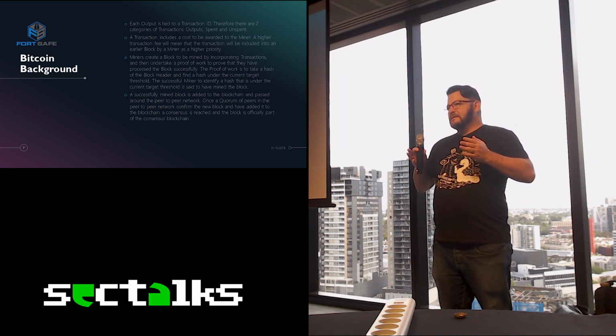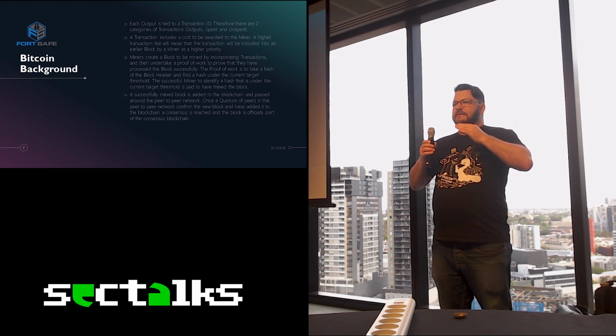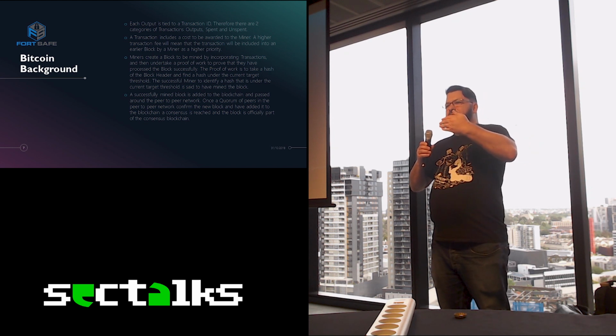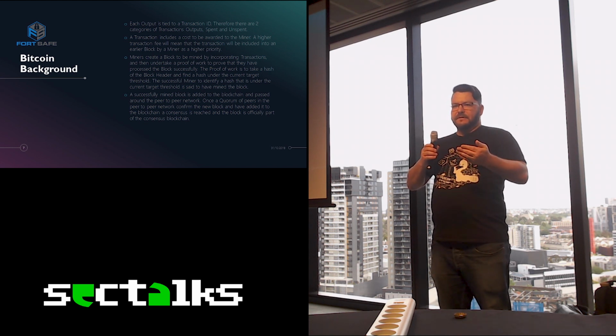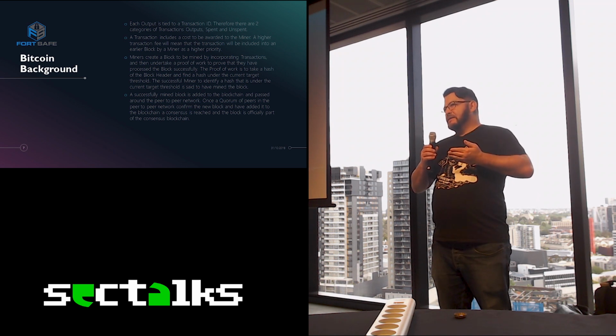Across the pool of miners, the difficulty is scheduled so that every 2 weeks it's changed to make sure that the pool of processing power takes on average 10 minutes of processing to solve the puzzle to find the hash.